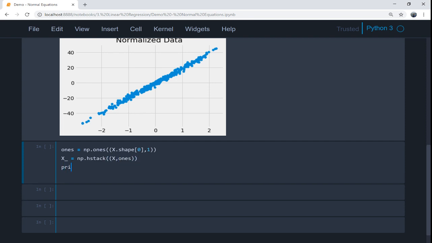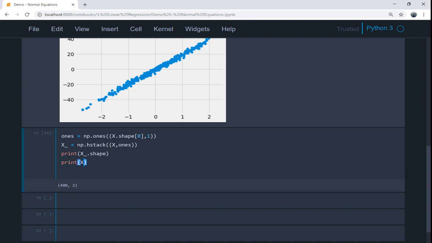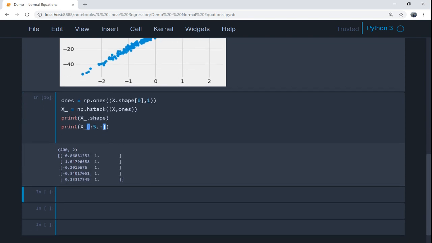Let us see the shape of x now. It is of shape 400 cross 2, and if I print this matrix, let's say only the first 5 rows and all the columns, sorry, x bar, clearly you can see that this is my 0th feature, this is my x naught.